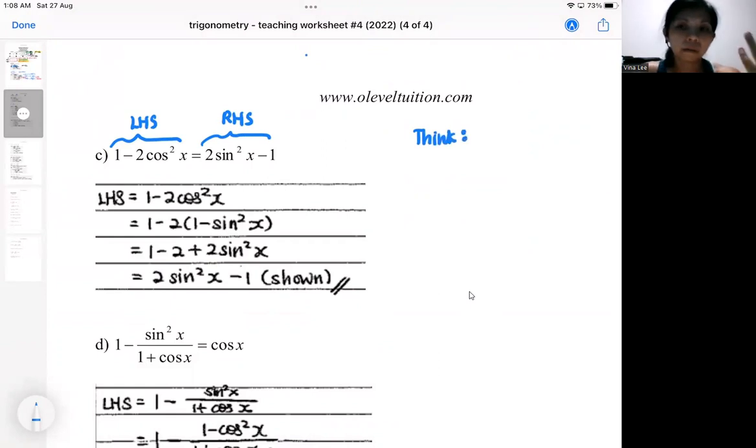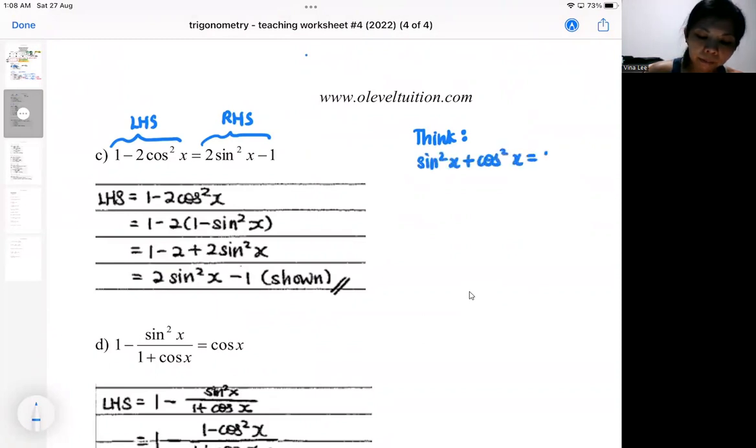The left side involves cosine squared, the right side involves sine squared. So the formula that I think of should be sine squared plus cosine squared equals 1. And remember, this formula can be twisted, so I can twist it to get these subsequent two formulas.